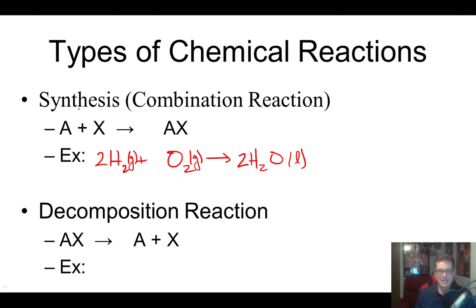Decomposition reaction, the exact opposite of a synthesis reaction. You're just taking one thing that's made up of multiple parts and breaking it up. Decomposition reactions are super fascinating, and they come in lots of different flavors.